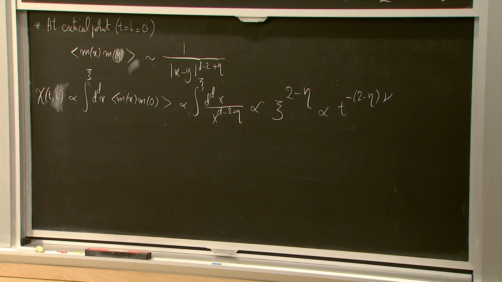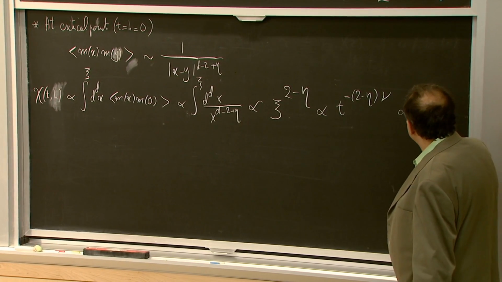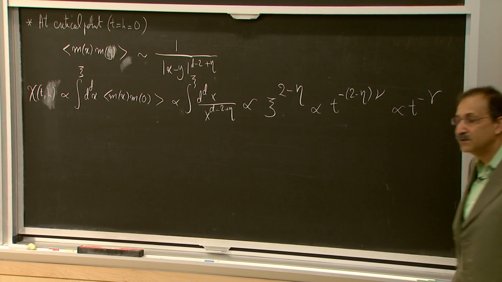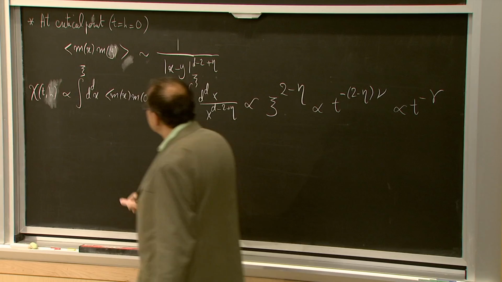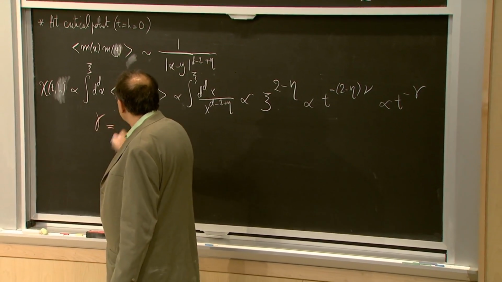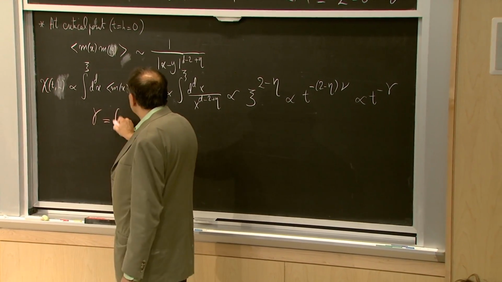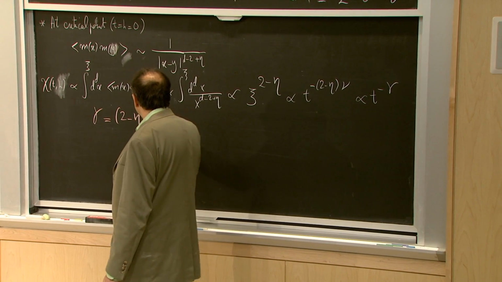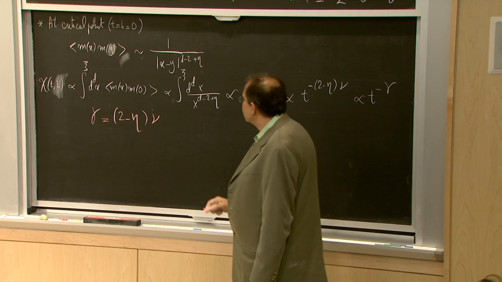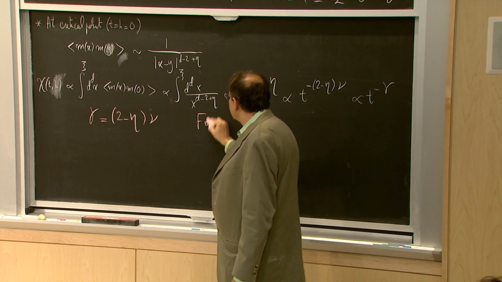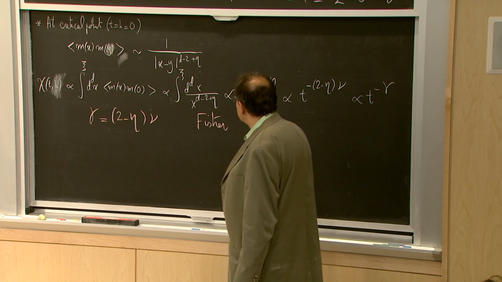But we know that the susceptibilities diverge as t to the minus gamma. So we have established an exponent identity that tells us that gamma is 2 minus eta times nu. And this is known as the Fisher identity, after Michael Fisher.